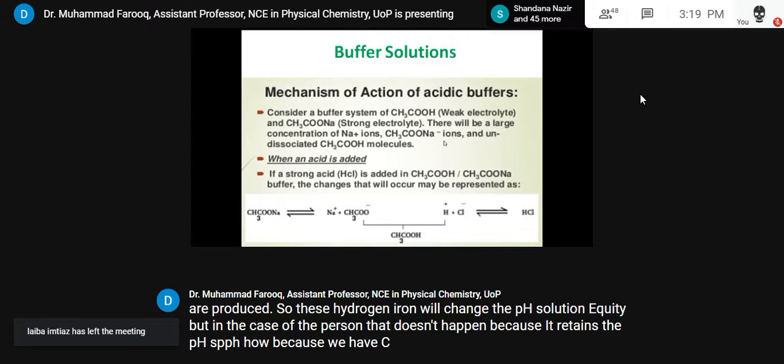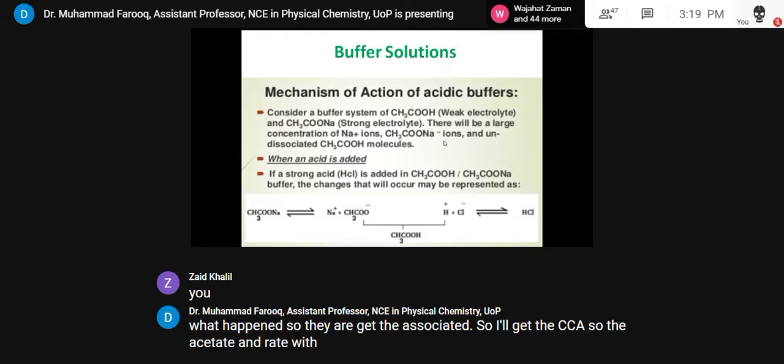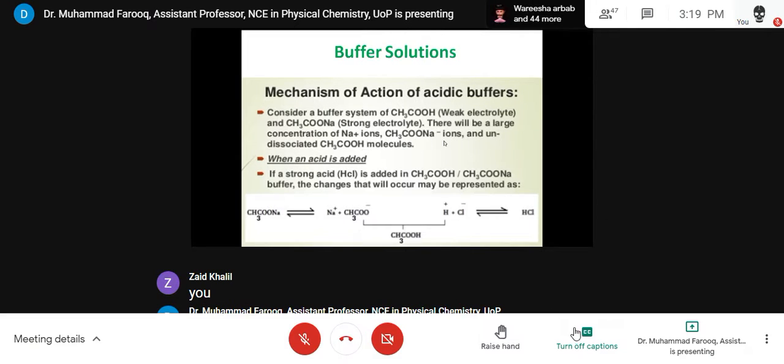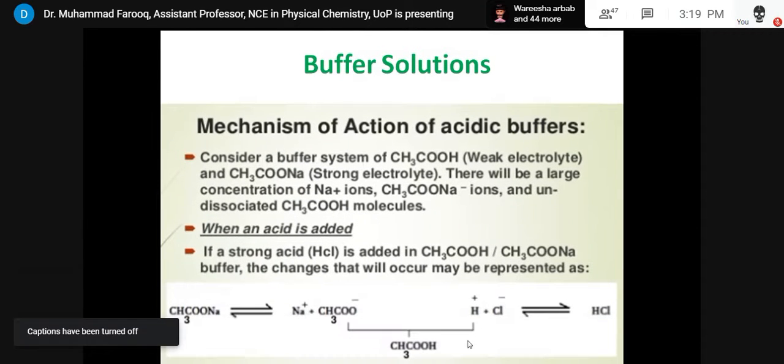Because we have CH3COONa. So when we add acid, the salt gets dissociated. The acetate ion reacts with hydrogen ion to produce a weak acid, which is called acetic acid. So this is the weak acid. Already we have the acetic acid in the solution, so it will not change the pH of the solution to that extent.